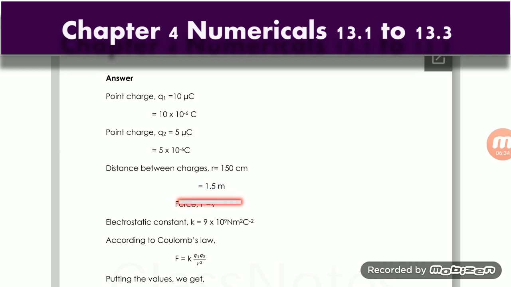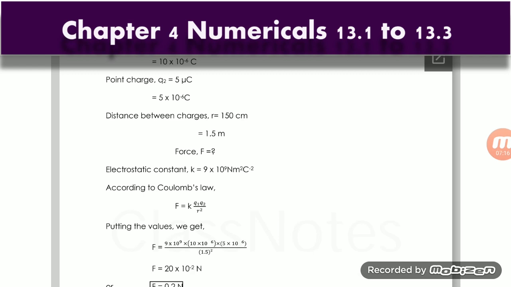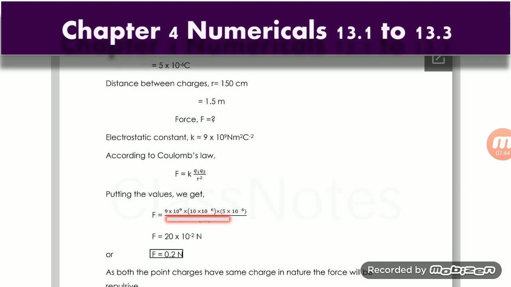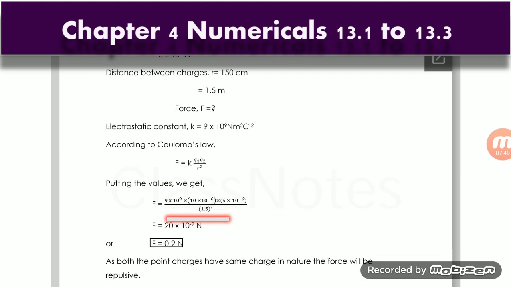Now the force is required, so we put a question mark in front of it. As you already know, the electrostatic constant K is equal to 9 multiplied by 10 raised to power 9. We put Coulomb's law here: F is equal to K multiplied by Q1 multiplied by Q2 over r square.